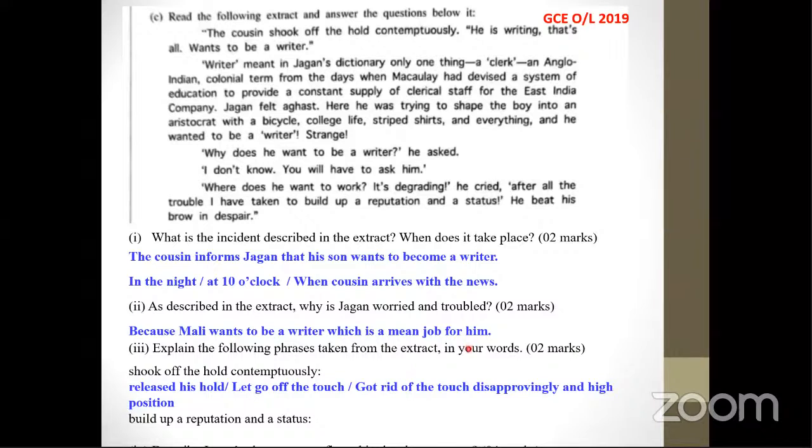But here, the father, as a very traditional Jagan, like any other father, wants to achieve his goals for the son, right? I see the answers coming. He worried because of the decision made by his son.